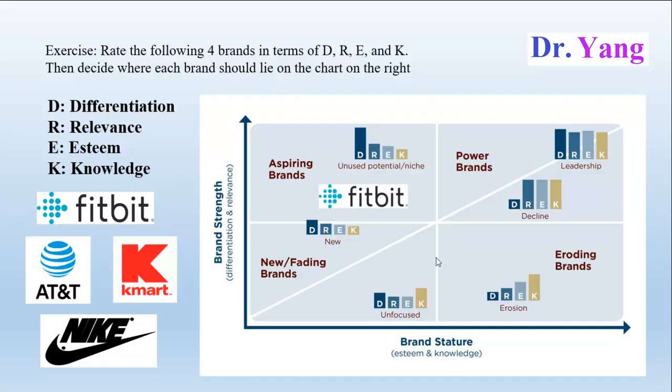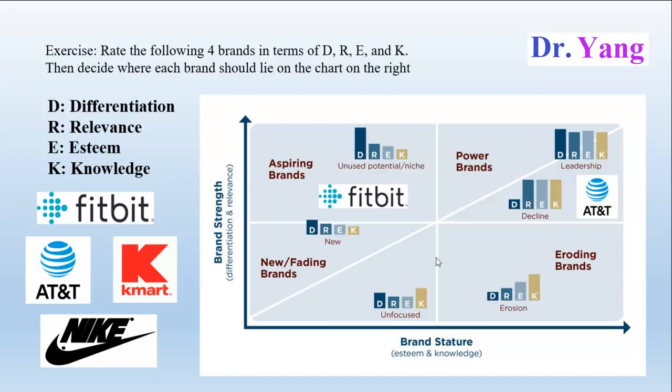Fitbit, as you can see, is very different from many other products because they offer an activity tracker or smartwatch, which is very different. But it's a very new market, which means a lot of people don't know about it, which is why it is an aspiring brand that still has a lot of potential. Next one will be AT&T, a very old brand which has been around for at least 15 years.